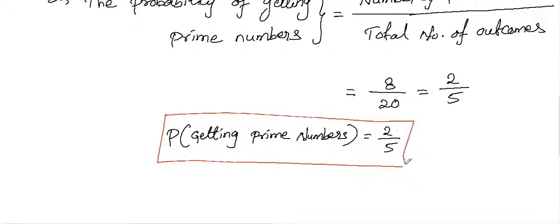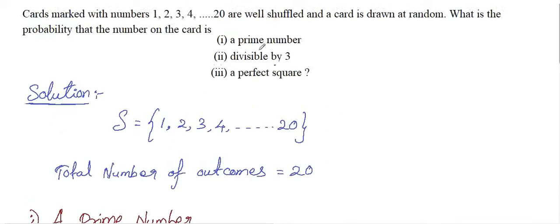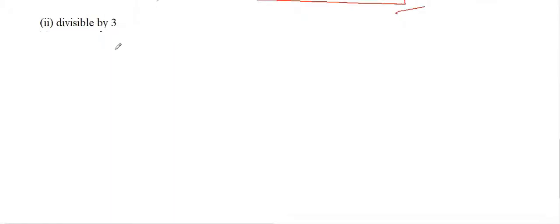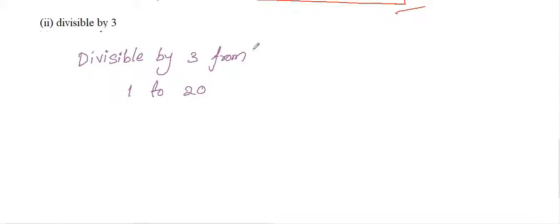Now let's move to the next one, which is the probability of getting a number which is divisible by 3. So write down the numbers which are divisible by 3 from 1 to 20. 3 is divisible by 3, and 6 is divisible by 3, 9 is divisible by 3, like that.